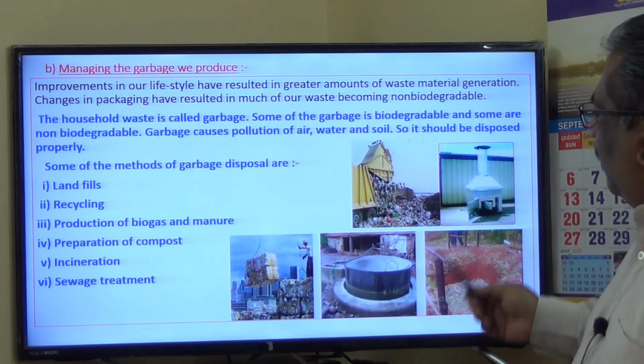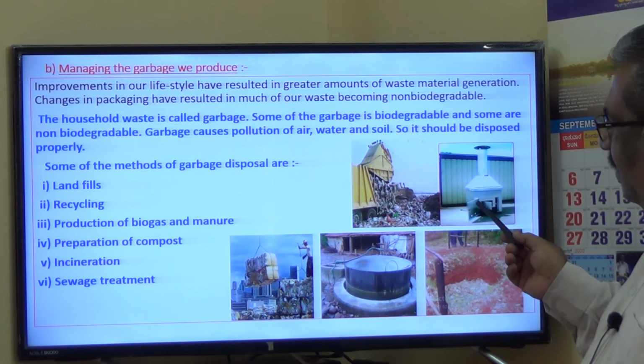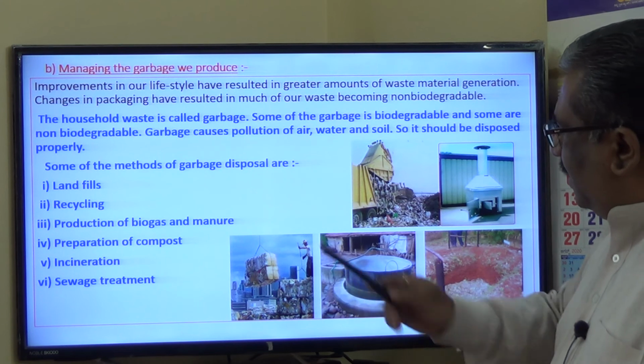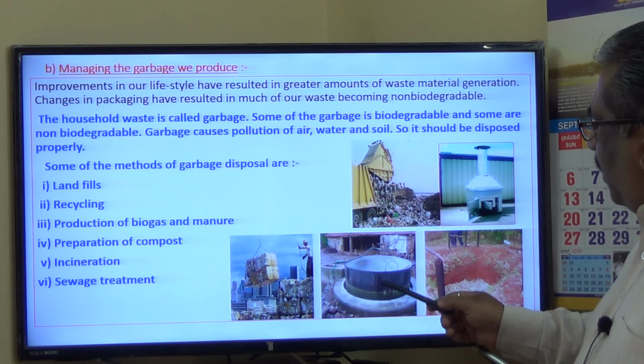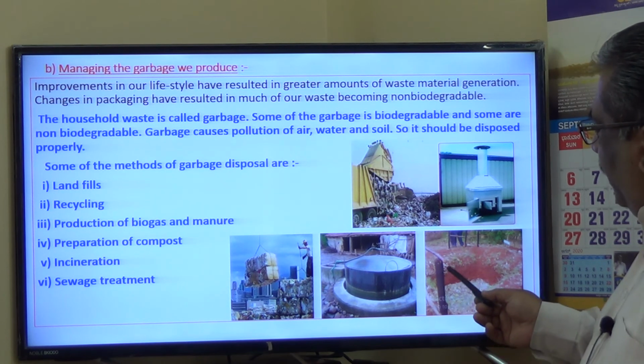Here you can see some of the diagrams. This is landfilling. Here this is an incinerator, and here it is for the recycling purpose, and here biogas production, and here it is the compost, preparation of the compost.